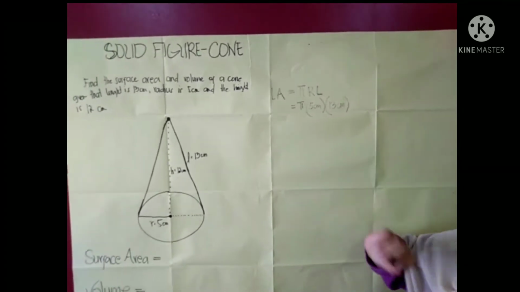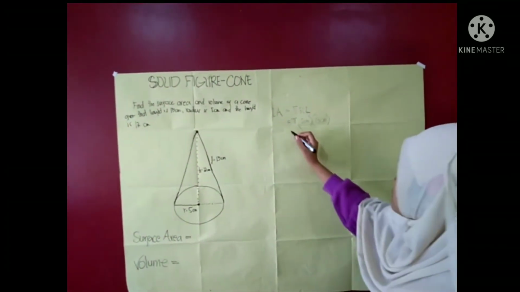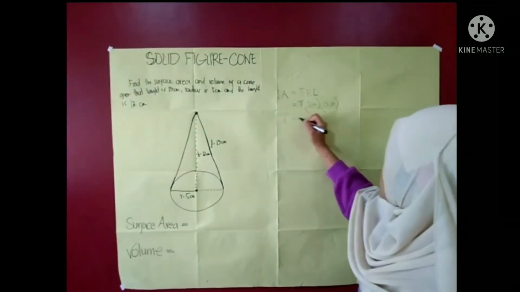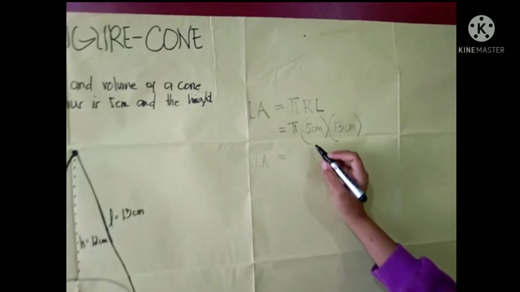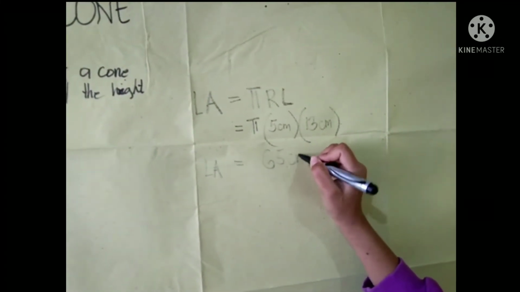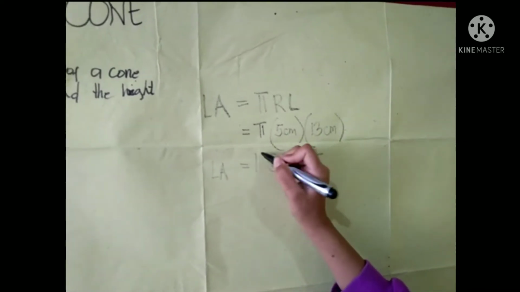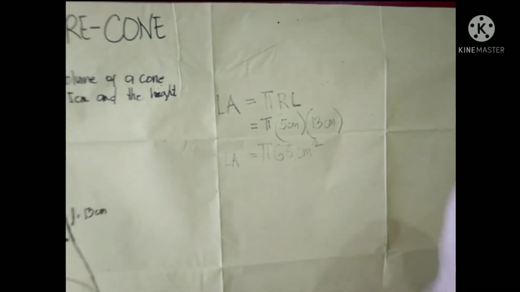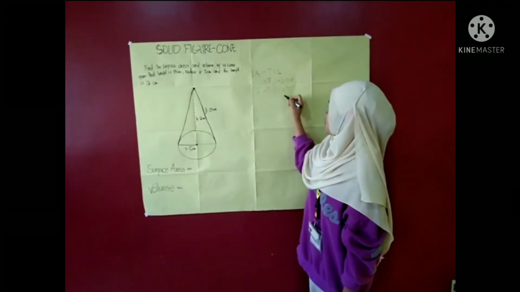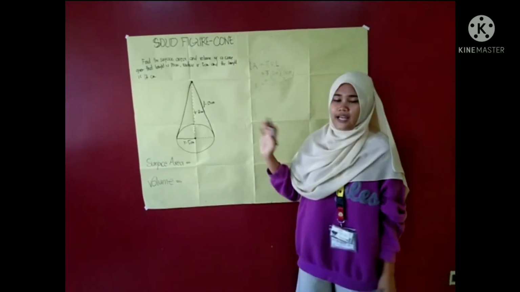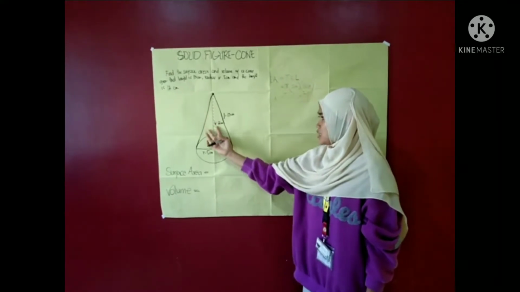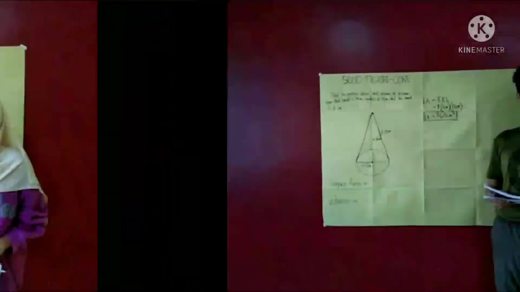Let's simplify it. LA is equal to pi times 5 times 13 cm, which is 65 pi cm squared. Now we have determined the lateral area, which can be found on this side. Thank you.